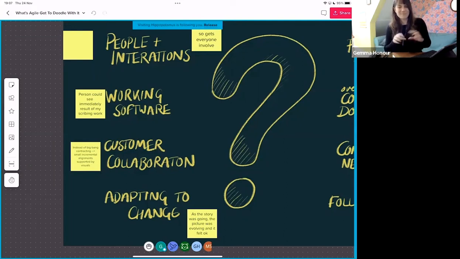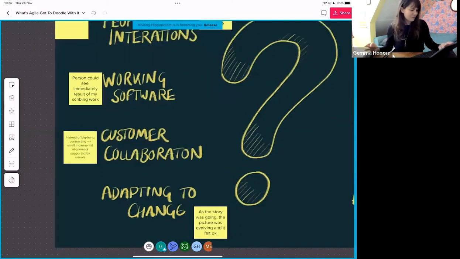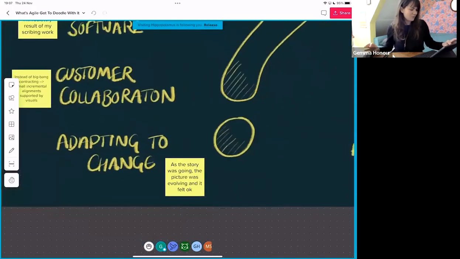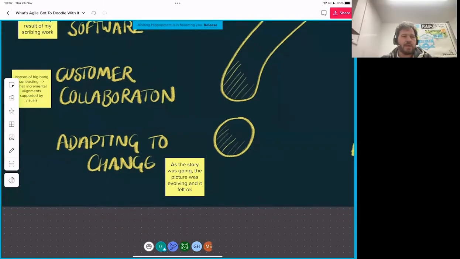So that's fantastic, brilliant. We've got a note here: as the story was going, the picture was evolving and it felt okay. Does anyone want to talk more on that one? That was me, Gemma.